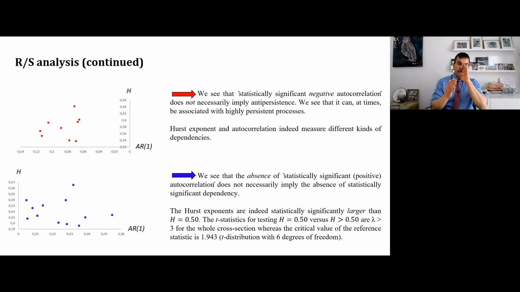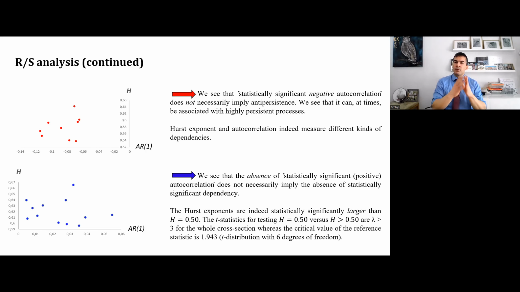So we see that statistically significant negative autocorrelation does not necessarily imply anti-persistence. In the simulation setup that we showed earlier, if a data set is well behaved, there should theoretically be a negative relationship. But here we do not see that.